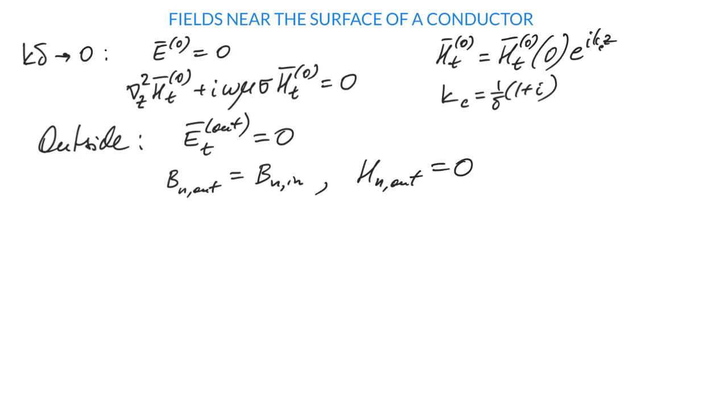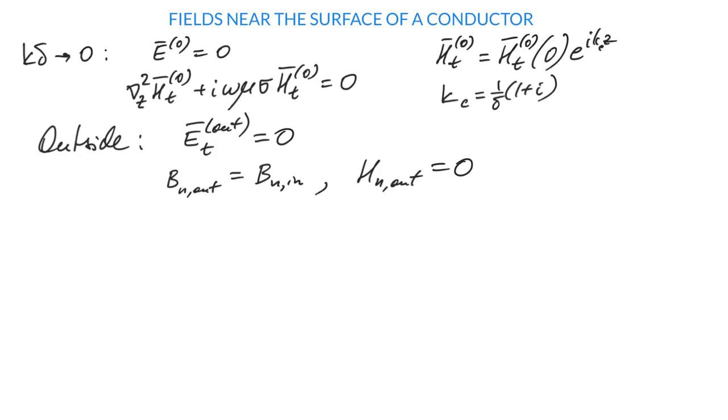So if all we are interested in is the approximate configuration of the fields in vacuum next to the surface of a conductor, approximate in the sense that we assume kδ is strictly 0, then we can solve the field equations in the vacuum subject to these boundary conditions. Tangential component of the electric field vanishes at the surface of the conductor, and same thing goes for the normal component of the magnetic field.